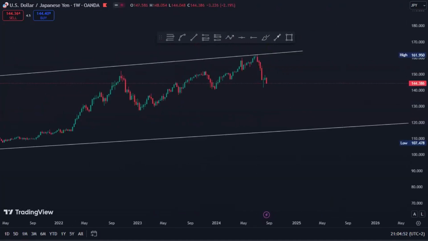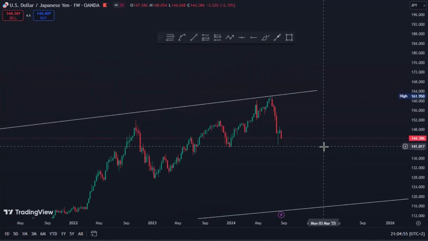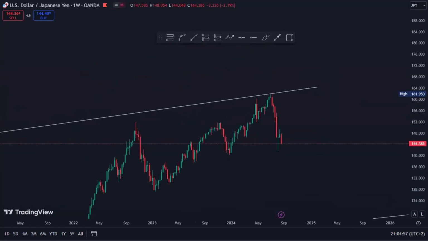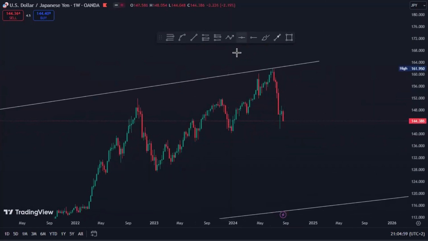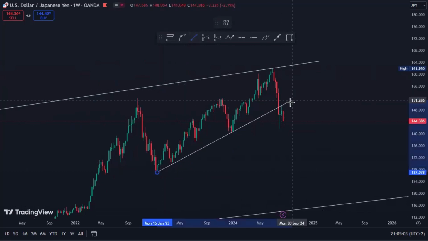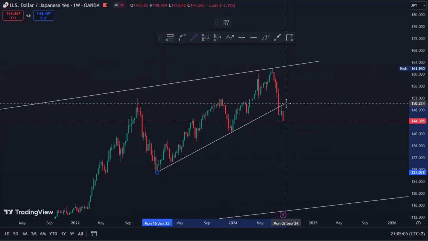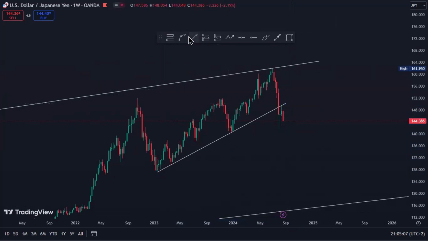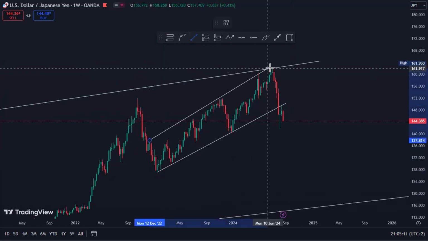We can see a channel inside this channel here. Let me zoom in. We have this channel identified, and I'll put it here. It clearly makes sense.